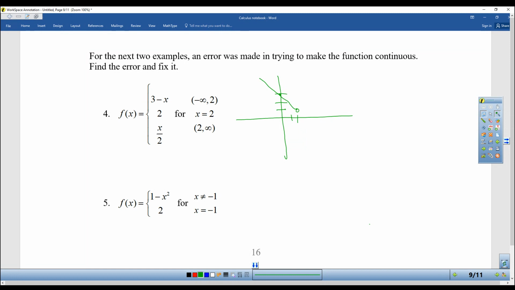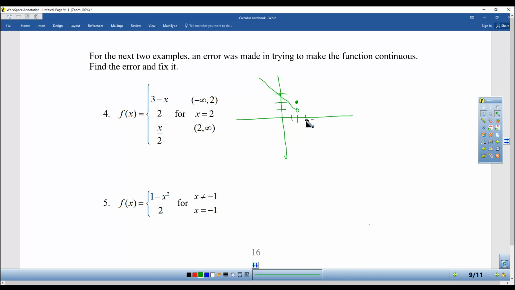So now I can picture that. And then it says at 2, it's 2. And then this is going to be a line that goes through 0 and has a shallow slope, but I need it at this endpoint. I need to know what's happening at 2. And 2 over 2 is 1, which is exactly where that one is.